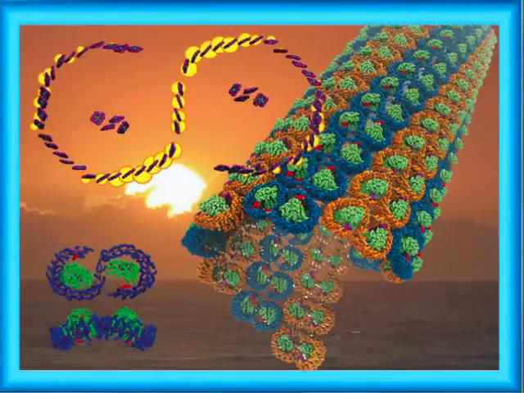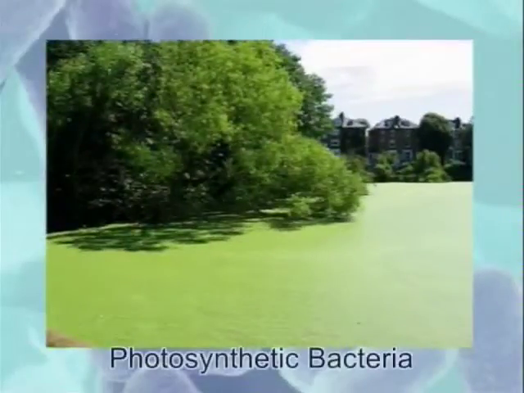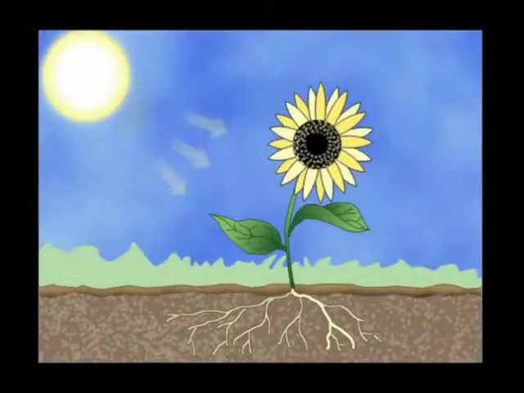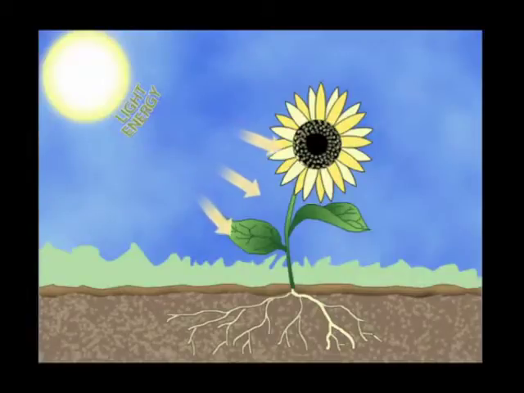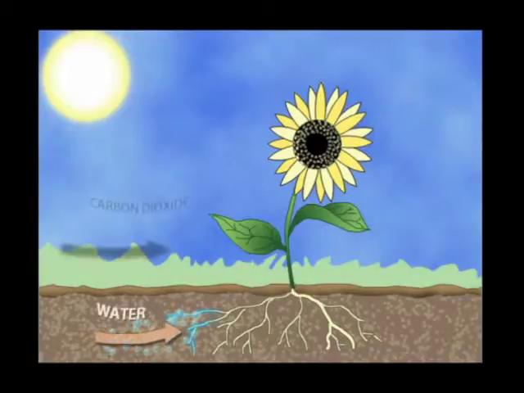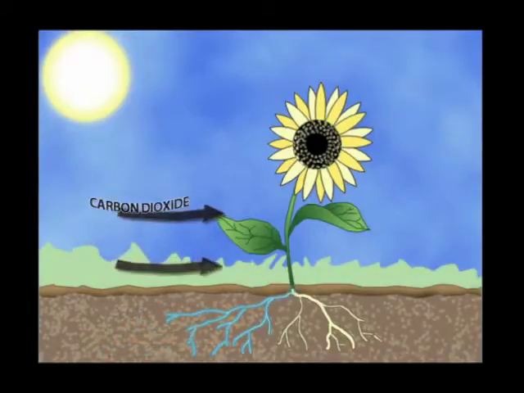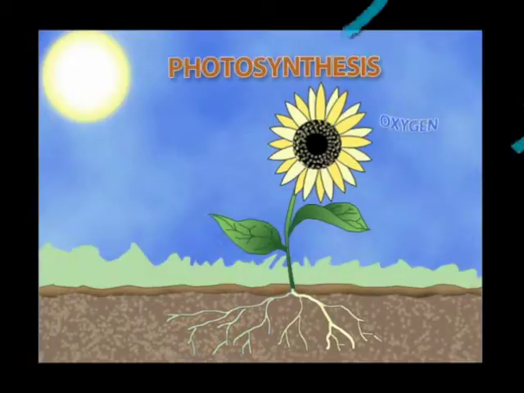First of all, photosynthetic bacteria. These are also known as photo-autotrophic or photolithotrophic bacteria. Like higher plants, they are capable of converting radiant energy into chemical energy and have CO2, carbon dioxide, as their carbon source.